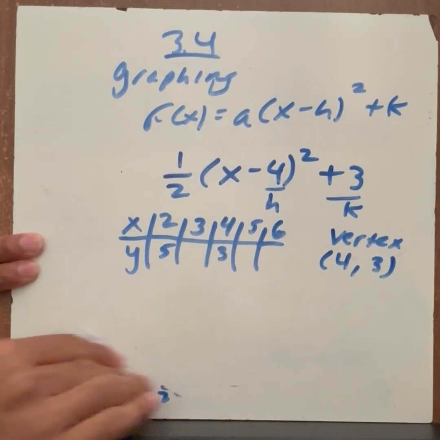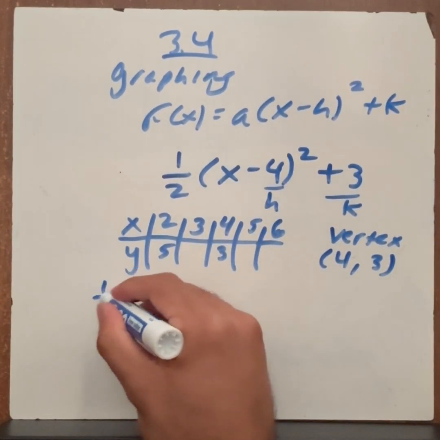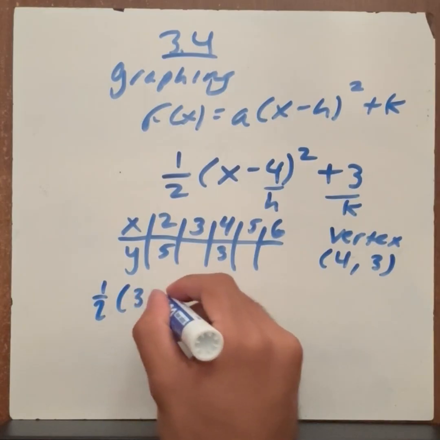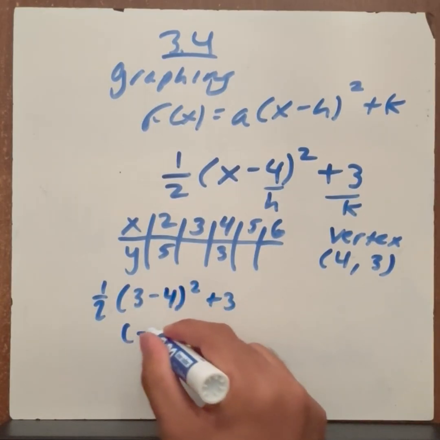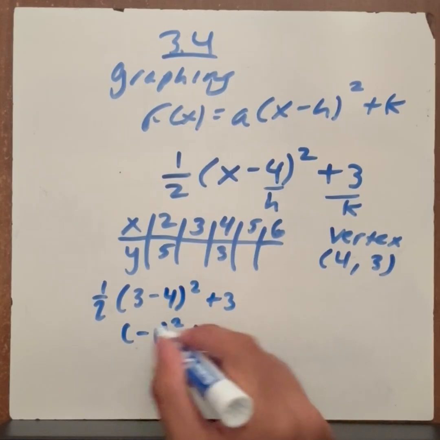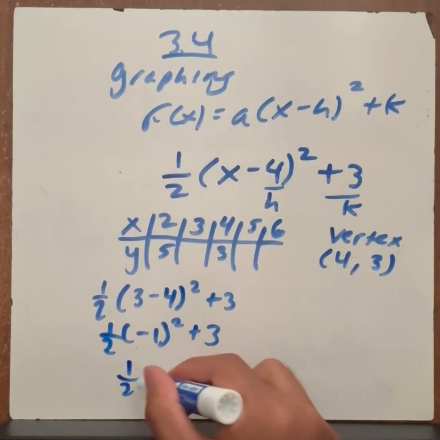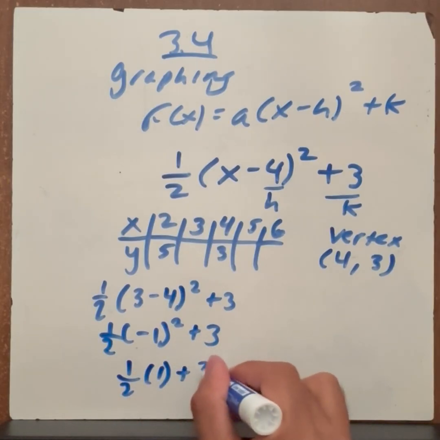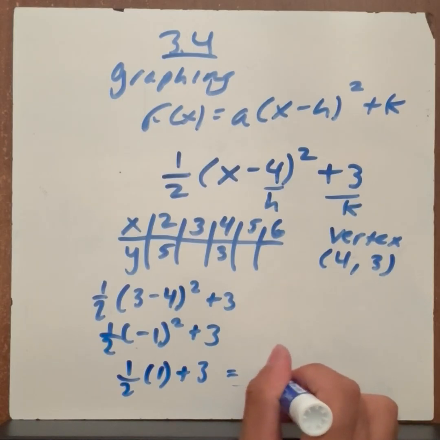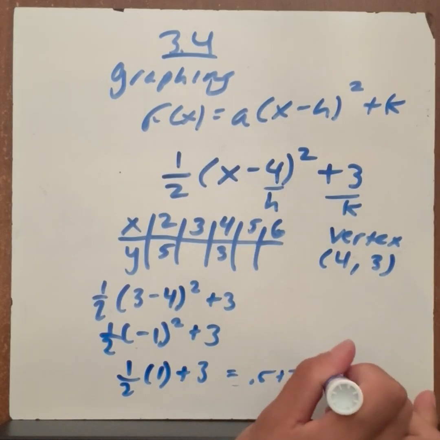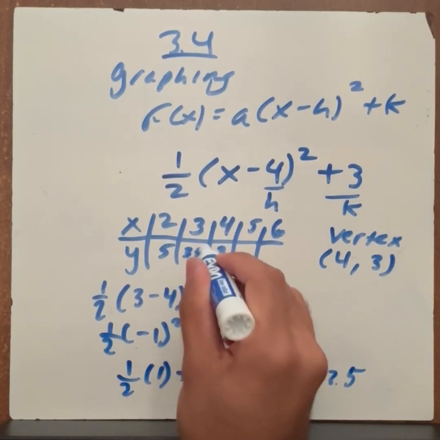Half of 3 minus 4 squared plus 3. 3 minus 4 is negative 1. Negative 1 squared is 1. So half of 1 plus 3. Half of 1 is 0.5, so 0.5 plus 3 is 3.5. So this number in here should be 3.5.